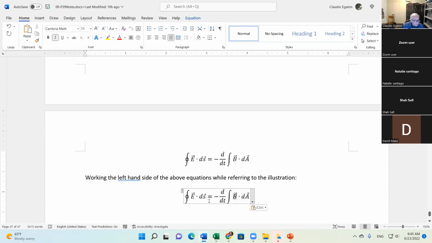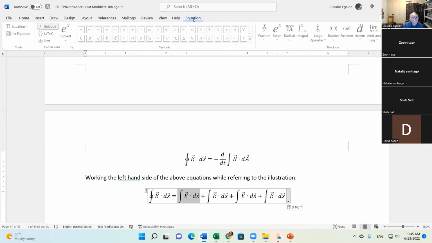That's E dot ds over path number 1, E dot ds over path number 2, E dot ds over path number 3, E dot ds over path number 4.